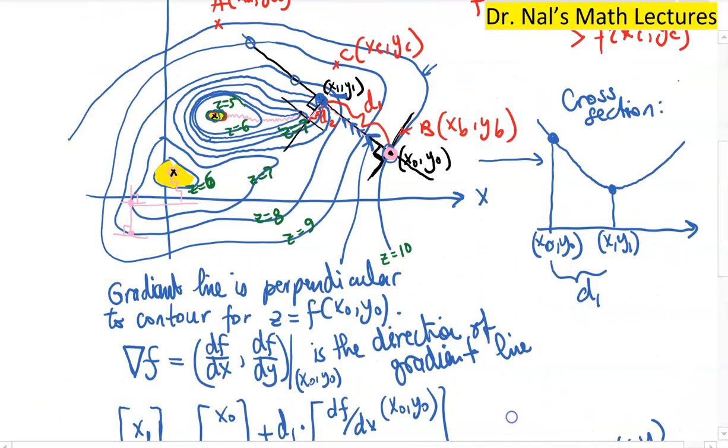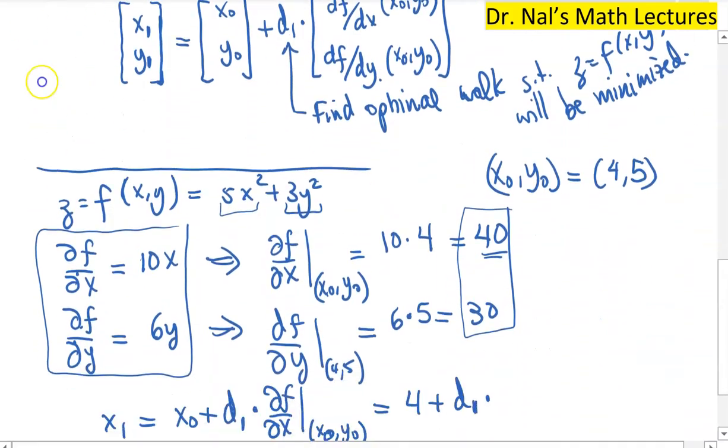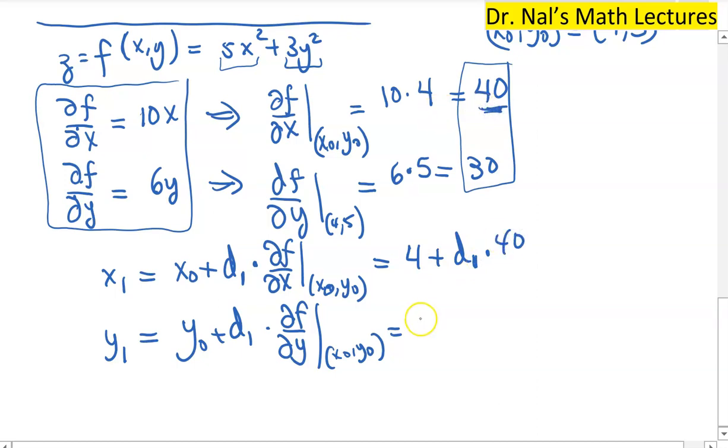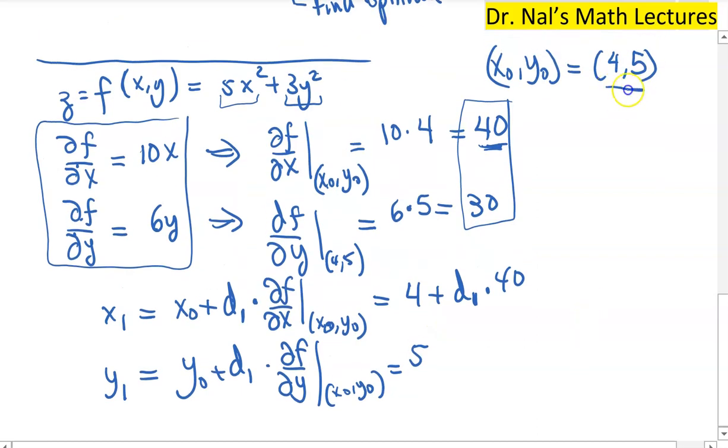We know exactly which direction to walk in, but we don't know the distance yet. So how far should I walk along that direction, right? So that's what we are doing next. So 4 plus d1 times df over dx evaluated at that point, which is just 40. And the same thing here: 5, we decided to start at the point 5 for y, plus d1 times 30.